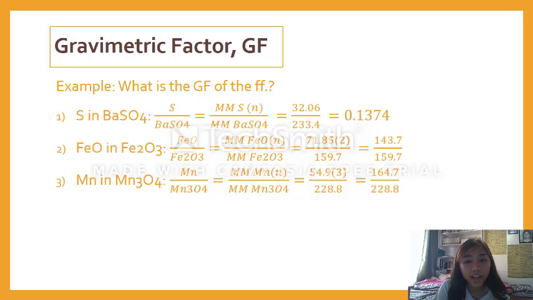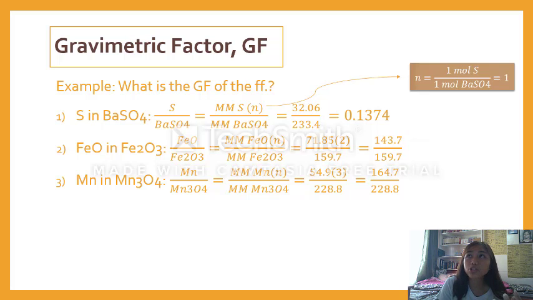Then our N there is the stoichiometric ratio. I think we're familiar with this, right? It is the stoichiometric ratio between sulfur and BaSO4. The way I think about it is how many moles of sulfur are in BaSO4. We can see that in the formula of barium sulfate.